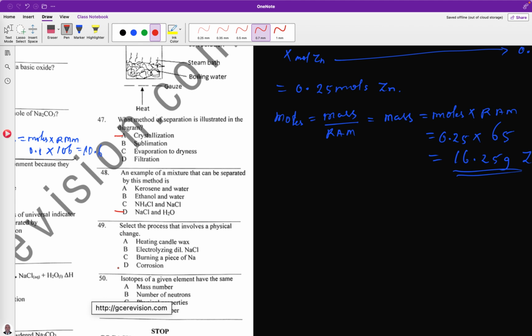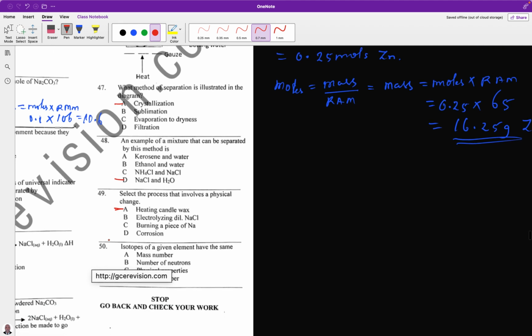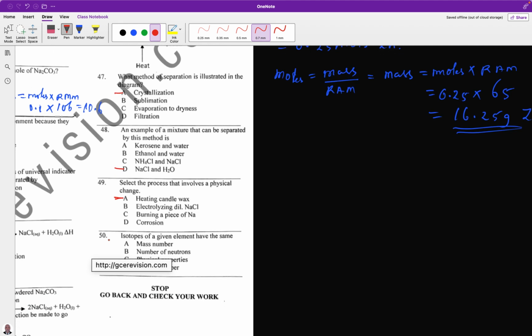And question number 50, the last question. Isotopes of a given element have the same mass number, number of neutrons, properties, or atomic number.